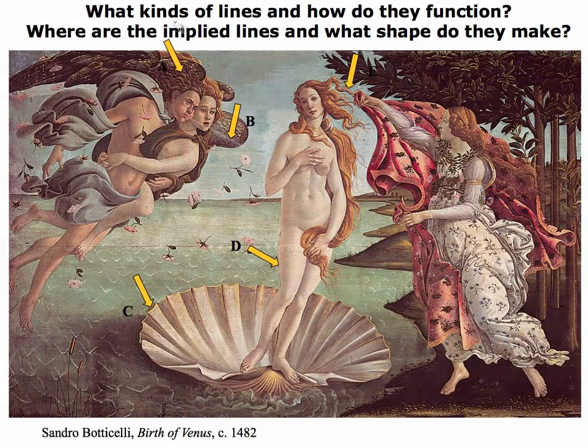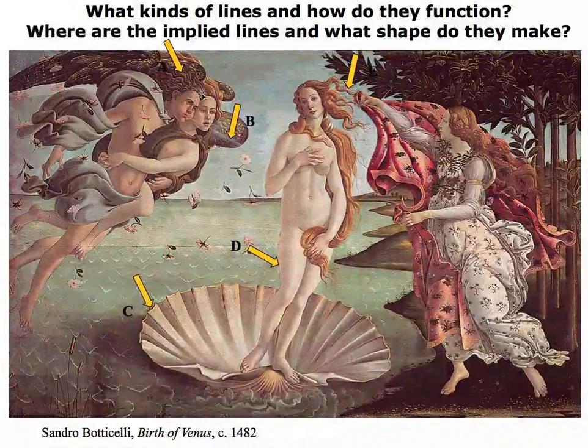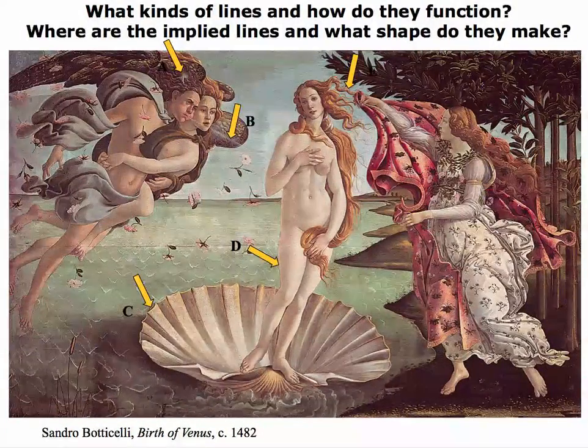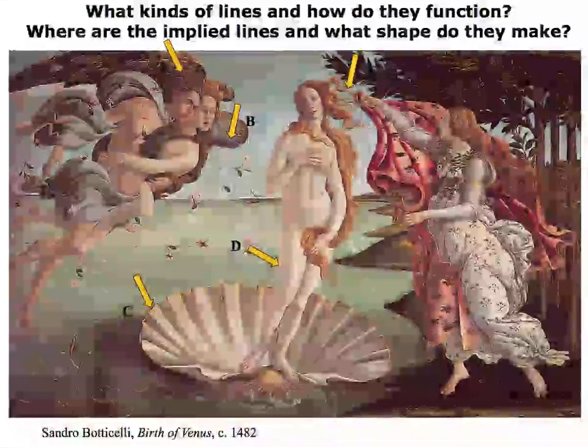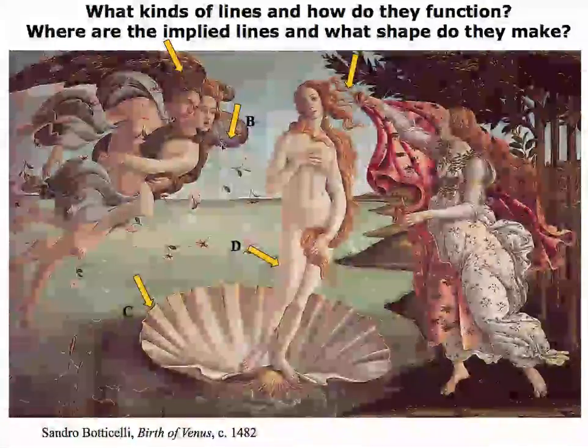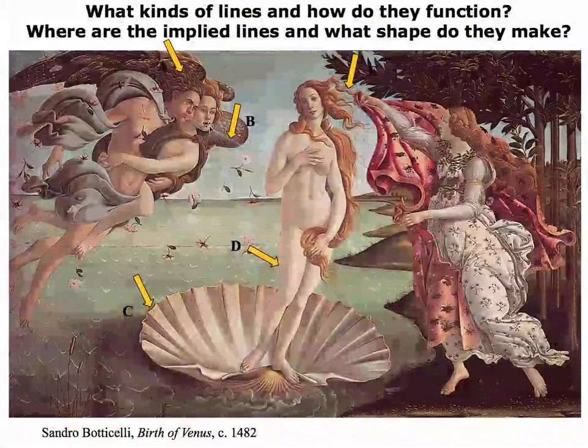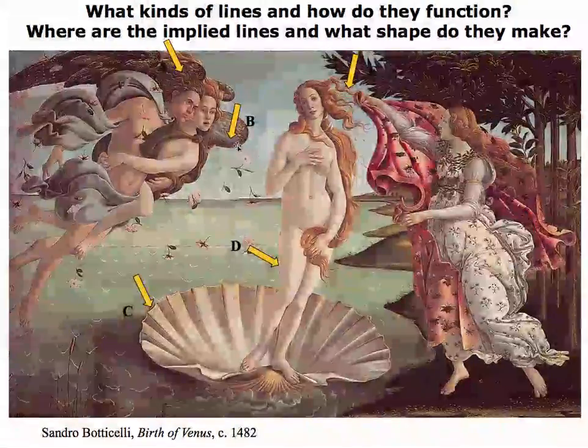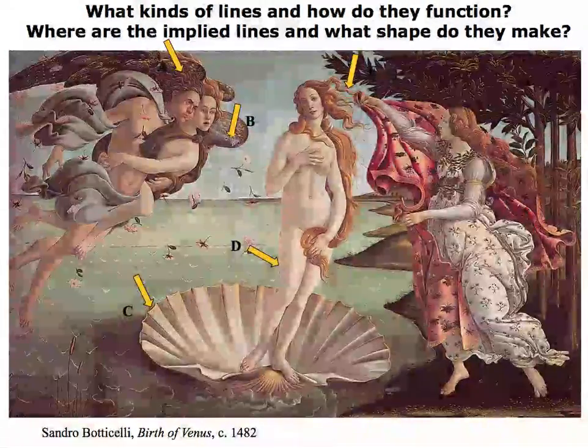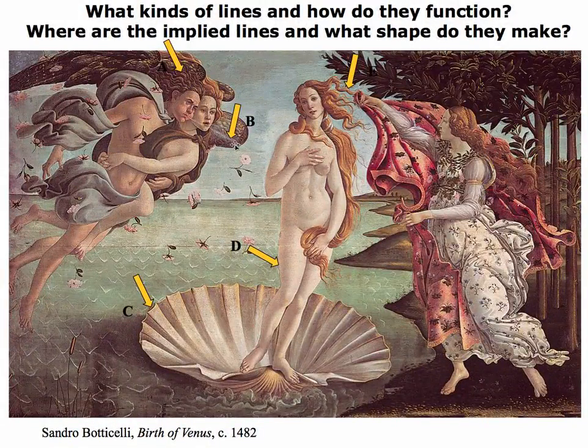So, if we look at the top up here at A, pointing to the angel's hair, I would say those are actual lines, actual squiggly lines making the hair. B is a tricky one. It's this sort of very translucent breath, but very clearly going from the angel's mouth towards Venus.